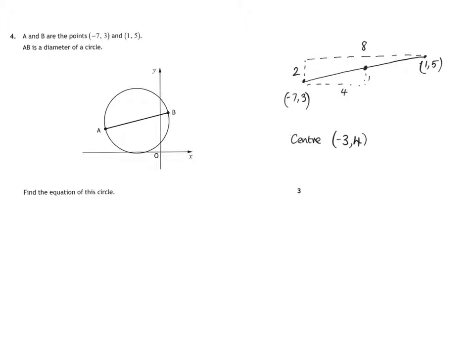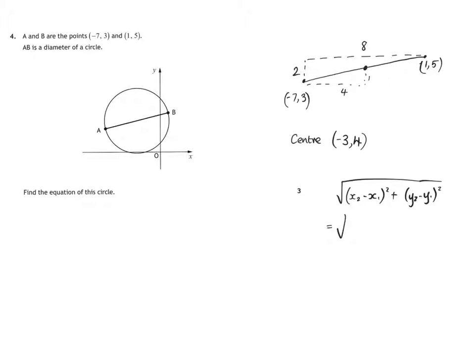We need to find the radius. So doing the radius is going to be the distance formula. The distance formula is the square root of x2 minus x1 squared plus y2 minus y1 squared.